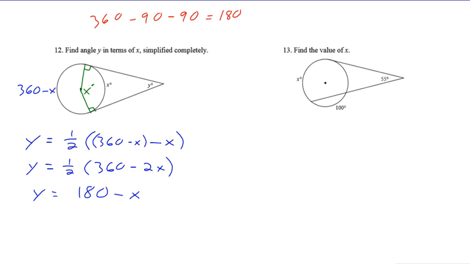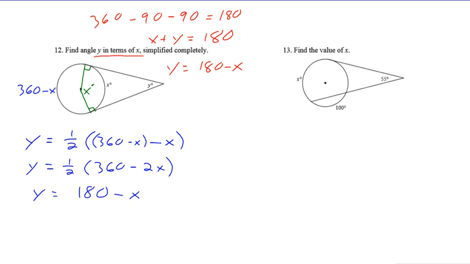So the x plus y together have to equal 180 degrees, and then we solve for y, because it says find angle y in terms of x, simplified completely. Either way you want to approach that problem, perfectly good reasoning.